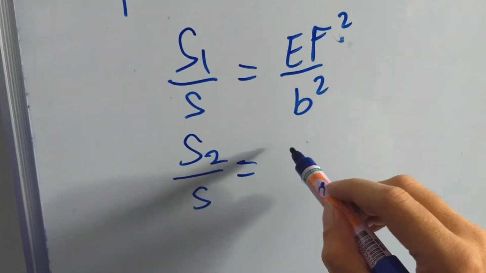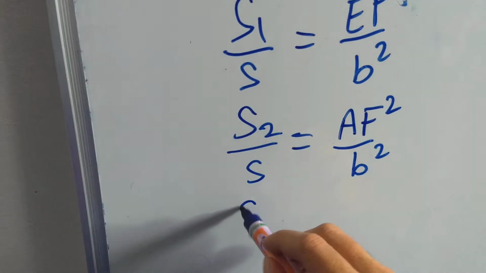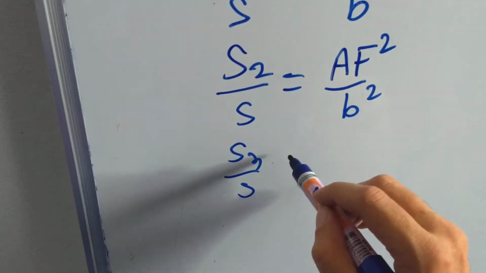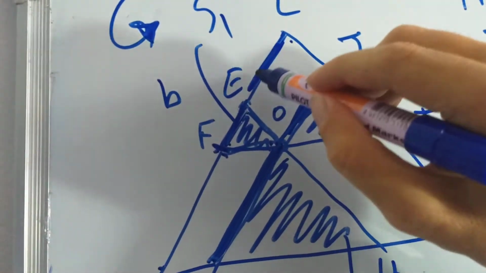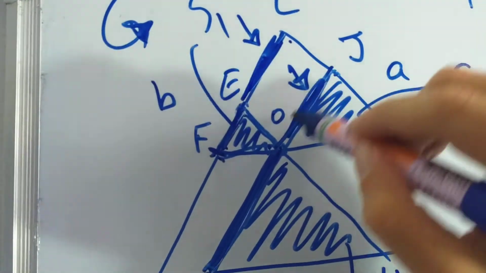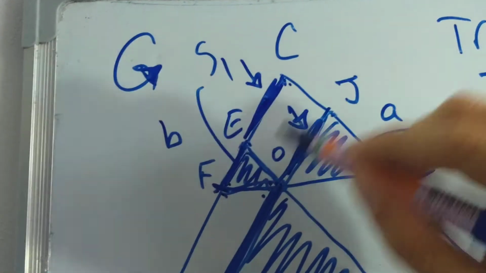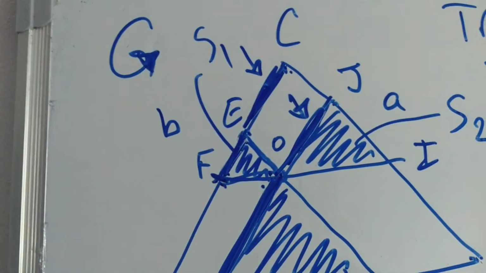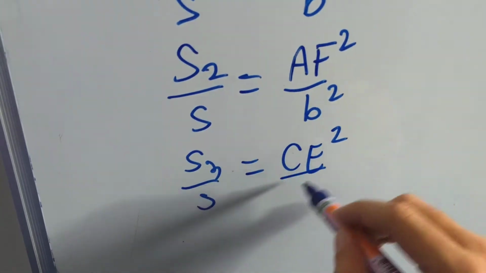This way I can keep the same denominator, B squared, okay? S3 over S, what's that? Again, I'm not going to work on this side here. I'm going to work with this, which is exactly the same as this. Here to here is the same as here to here because of parallel lines. Everything here parallel. So that's CE squared over B squared.